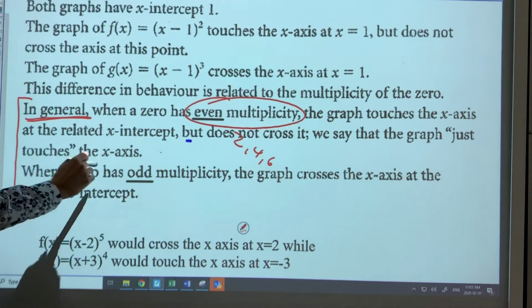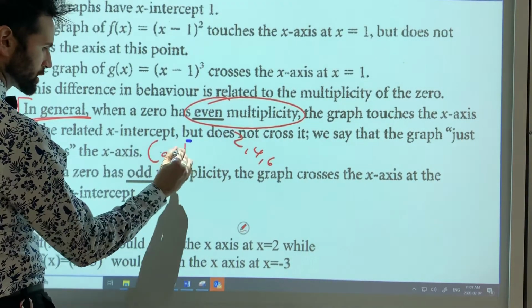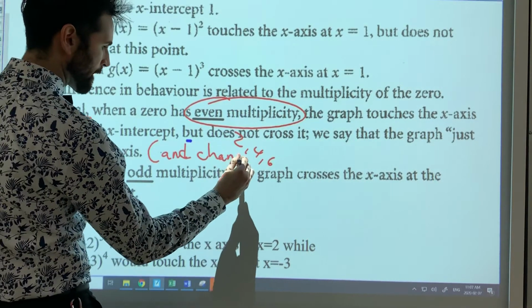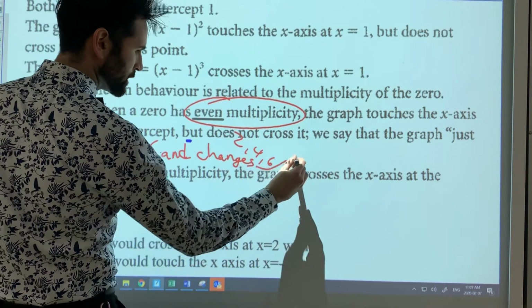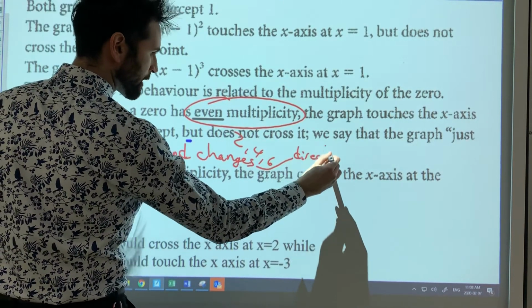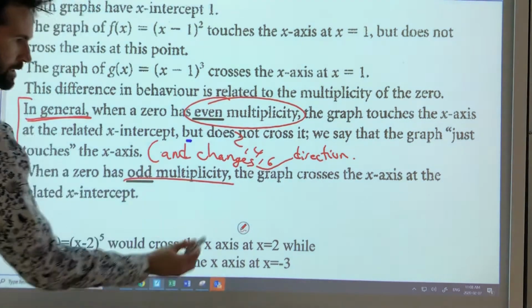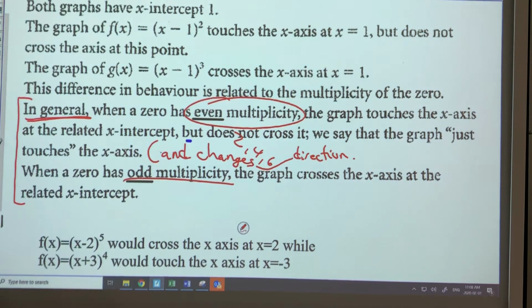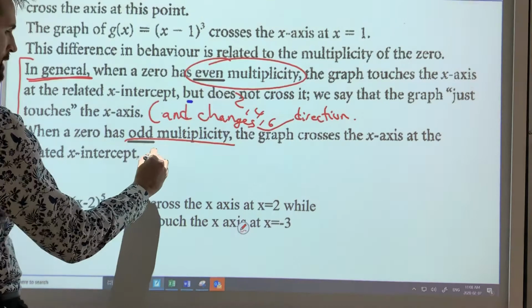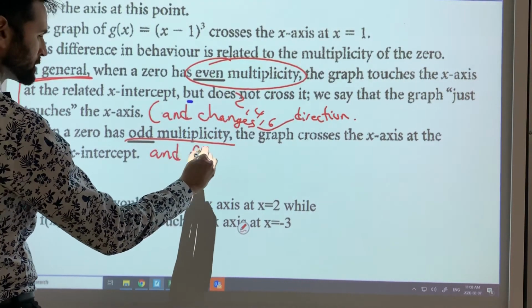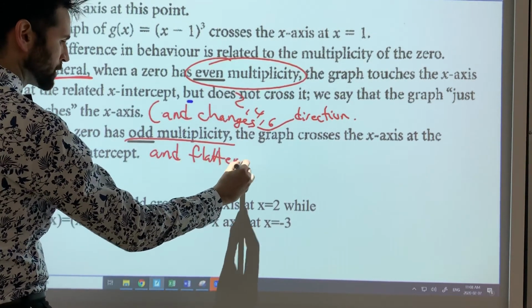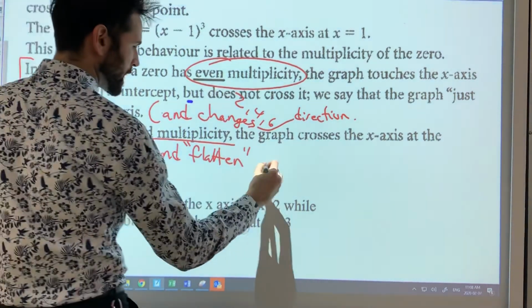So we see it just touches and changes direction. If you have an odd multiplicity, the graph will cross through that x-intercept and flatten out. And I'll put flatten out in quotation marks.